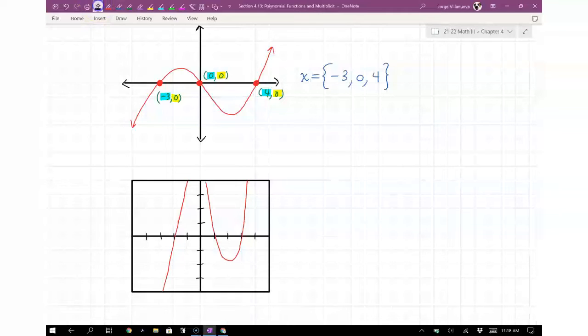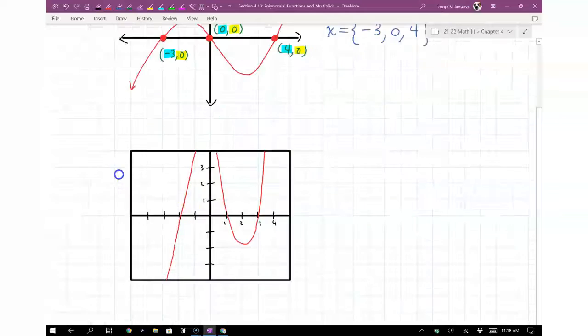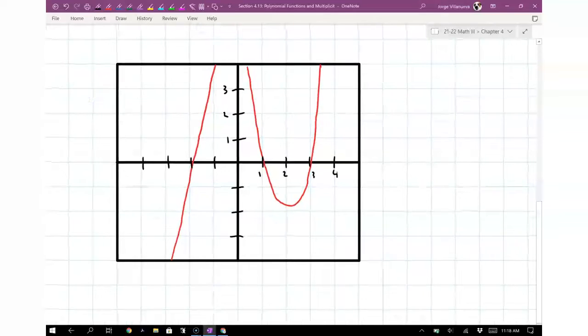I'm going to write down your numbers here: 1, 2, 3, 4, 1, 2, 3. I'll zoom in a bit so you can see it better. Here's -1, -2, -3, -4. There's about 3 questions like this in your homework, where maybe they're going to ask you how many zeros it has.